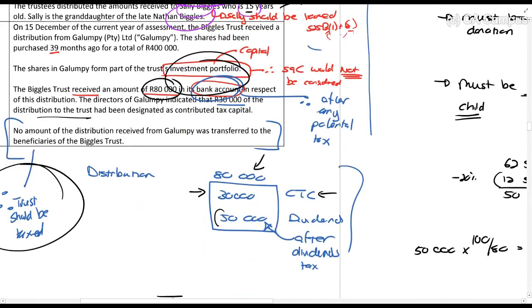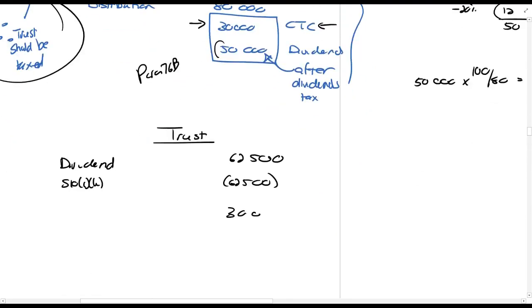They form part of our investment portfolio. So we're going to apply paragraph 76B. I just want to quickly remind you, if this was not the investment portfolio, if this was the trading portfolio, then that 30,000 rands contributed tax capital would be added, because then it's an amount received in the scheme of profit making. Right, but that's not the case here.